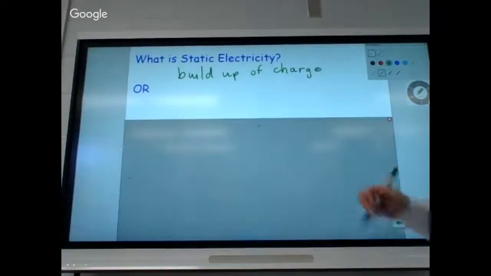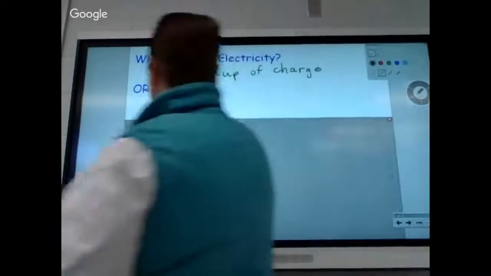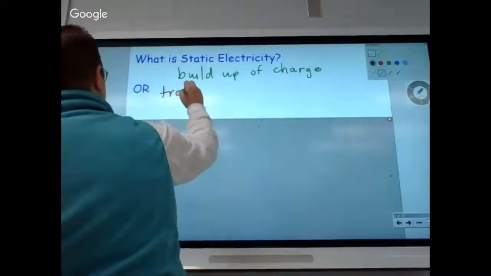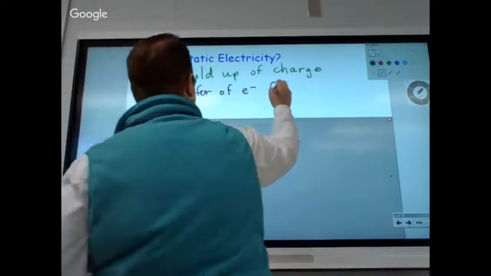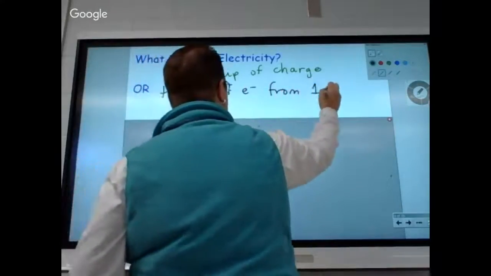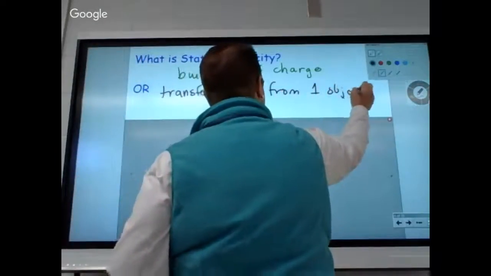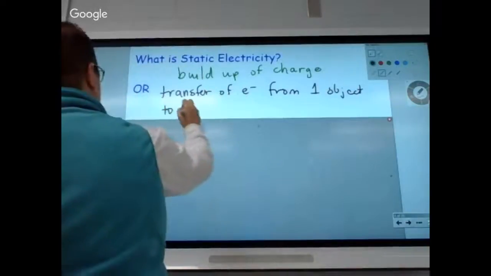Another way to talk about static electricity is to say that it is the transfer of electrons from one object to another.